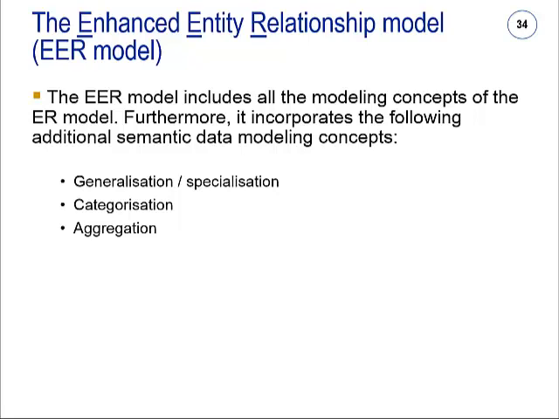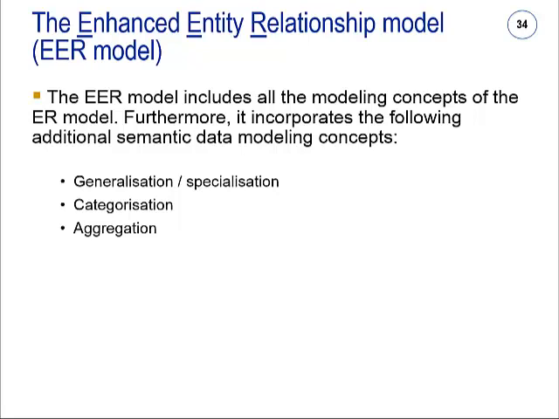Previously, we discussed the entity relationship model. We discussed the basic concepts of the ER model as being entity types, attribute types, and relationship types. In this section, we will zoom into the enhanced entity relationship model, which basically offers some extra modeling concepts on top of the ER model.